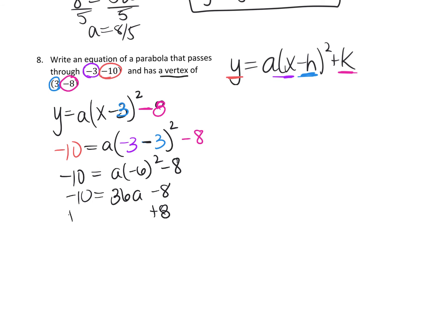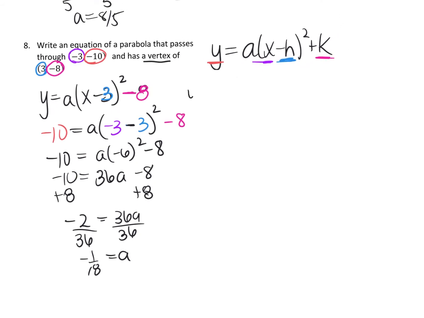Add 8 to both sides. -2 equals 36a. Divide by 36. And -1/18, to simplify your fraction, divide them both by 2, is a. So I can go back to my original equation here. y equals -1/18 times x minus 3 squared minus 8.